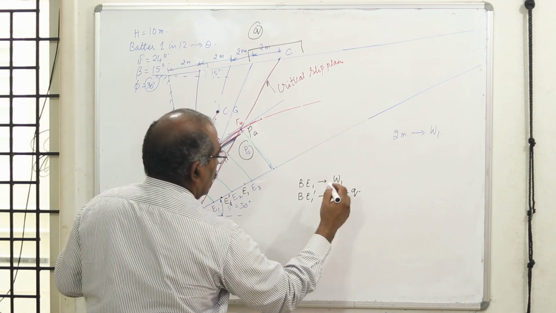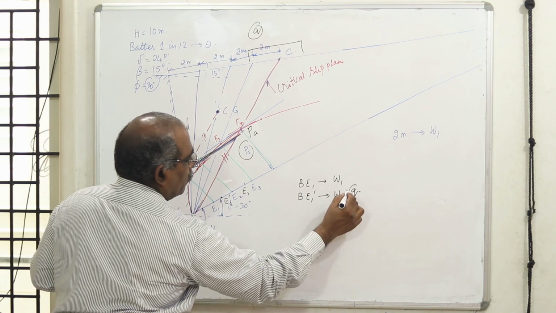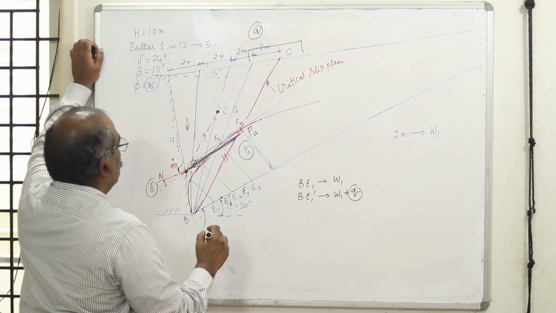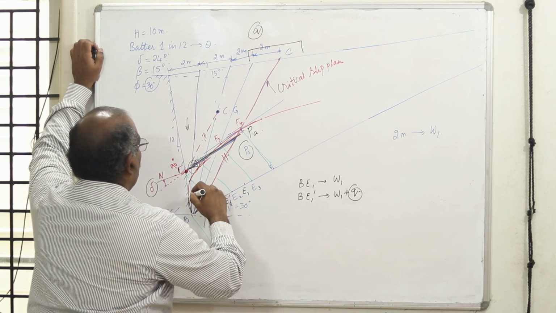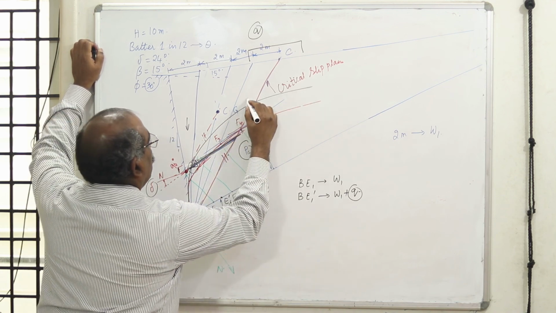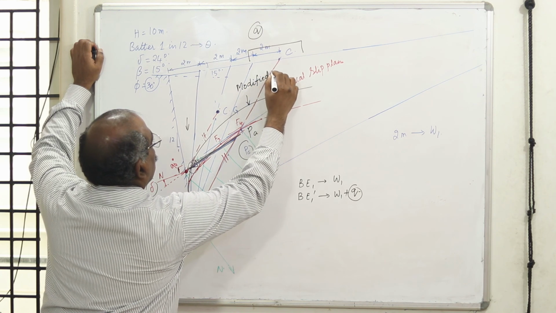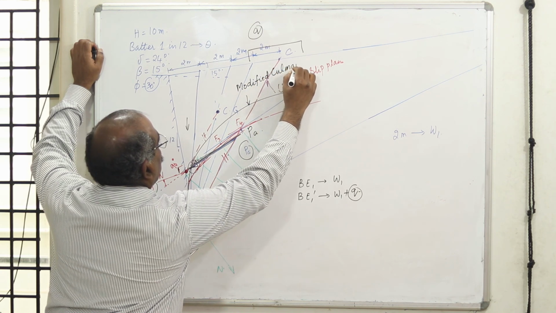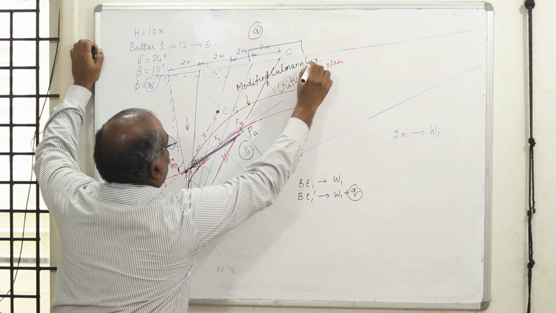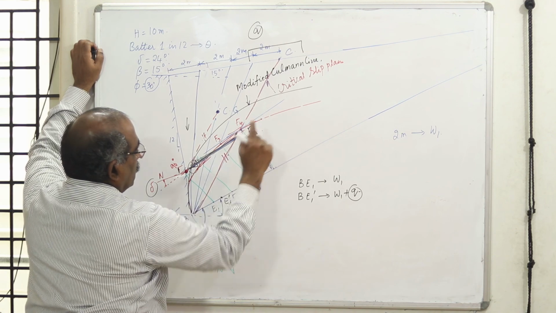Similarly, for every point you are adding a slight additional value. This is nothing but Q. Thereby I can develop an additional curve which is called the modified Culmann's line. The process is simple. First draw the Culmann's line.